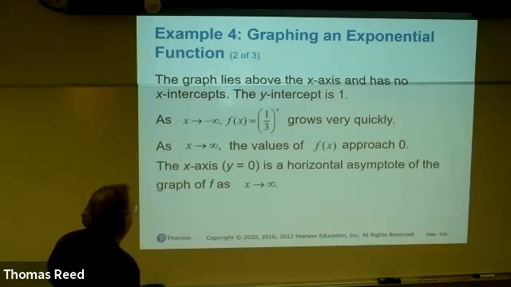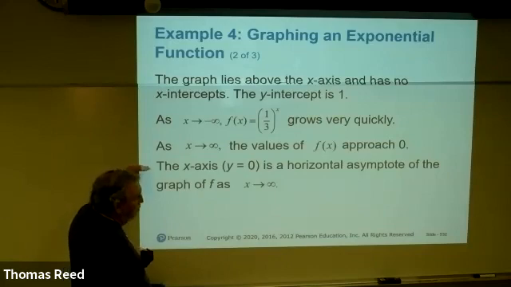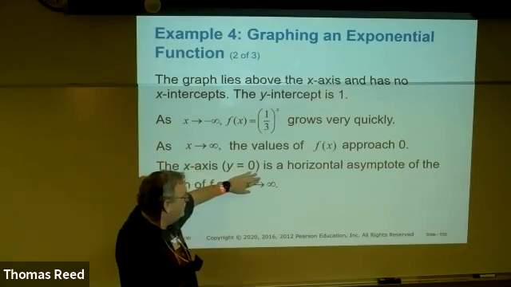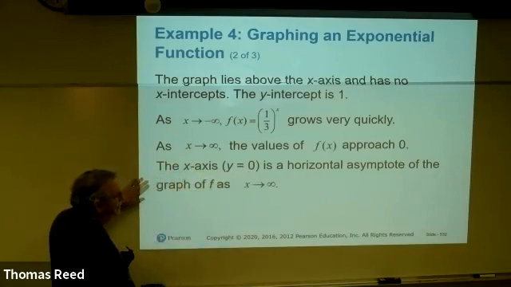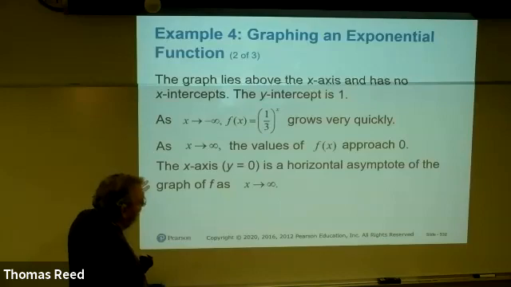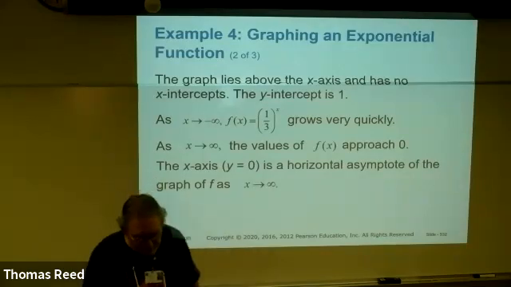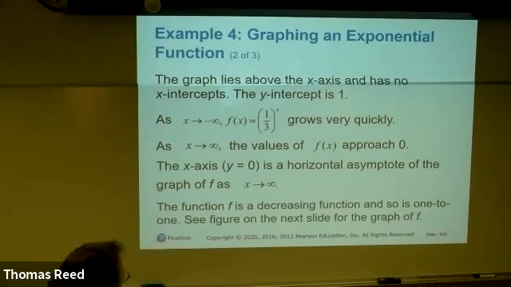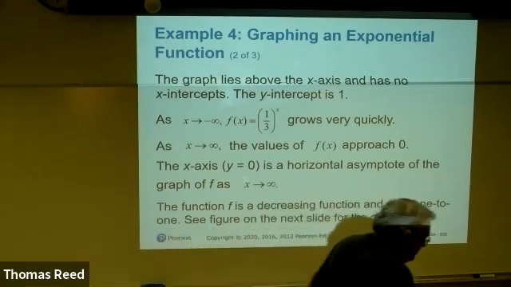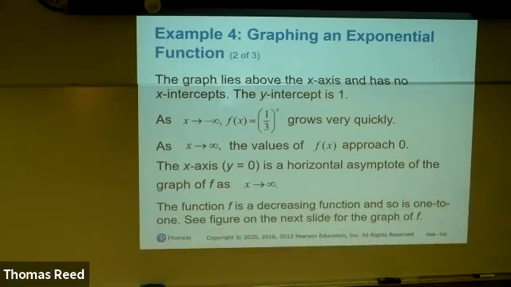So just like 3 to the x, you have a horizontal asymptote at the x-axis, y equals 0, as x goes to positive infinity. The function is decreasing. And it is a decreasing function over its entire domain, which means it's a one-to-one function. And so it has an inverse, which is the logarithm.